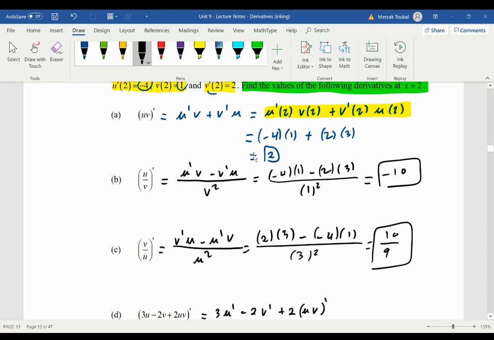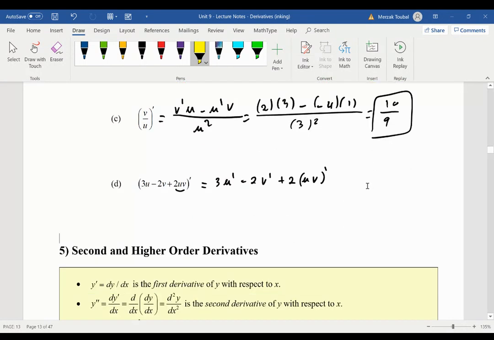The derivative of uv is 2. So we can use that already. We don't have to redo the work. So this one is 2 times 2. That's going to be easier.